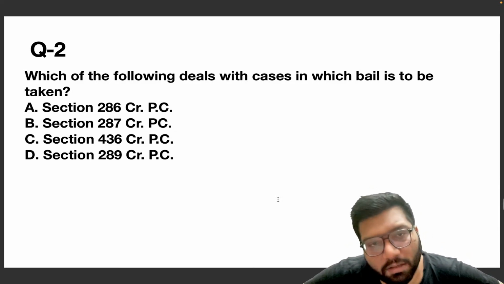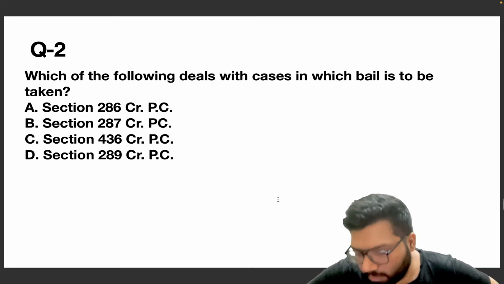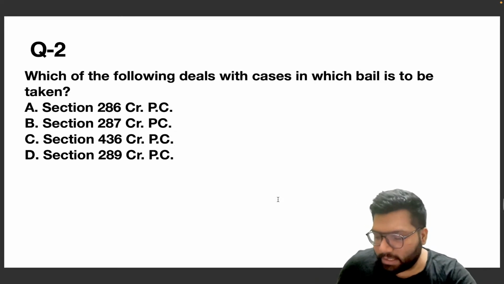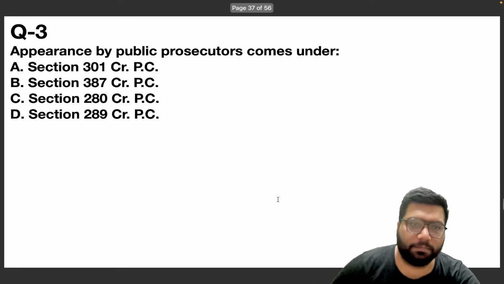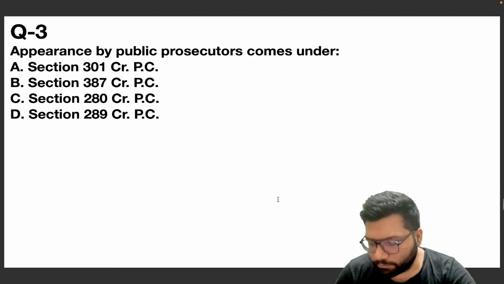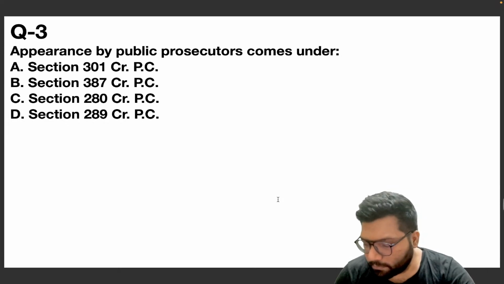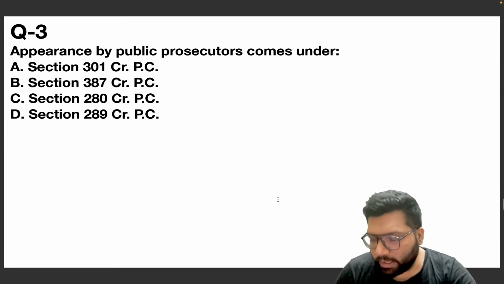These are the most famous sections from the CrPC I'm asking about. 436 is the correct answer. Kulveer, 301 is the correct answer.